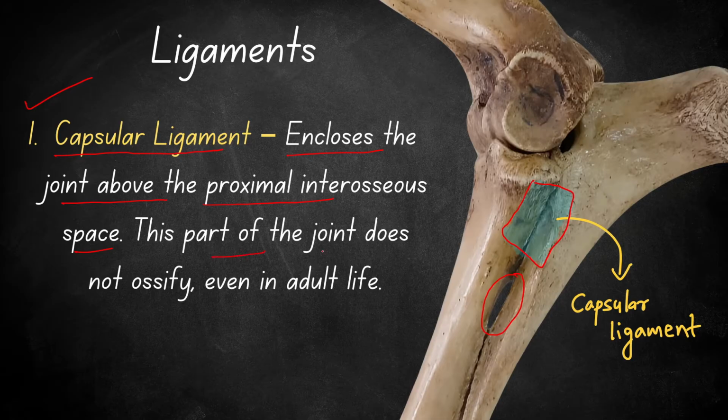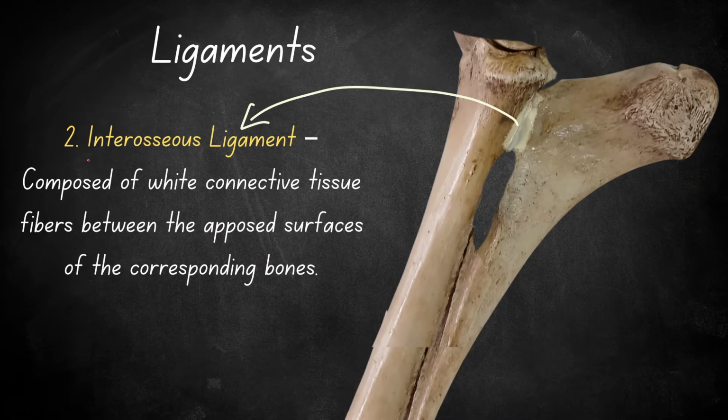This part of the joint does not ossify even in the adult life. Then you will find interosseous ligaments composed of white connective tissue fibers between the opposed surfaces of the corresponding bones. So you can see that these two are the opposed surfaces of the corresponding bones, and in between them you will find interosseous ligament.